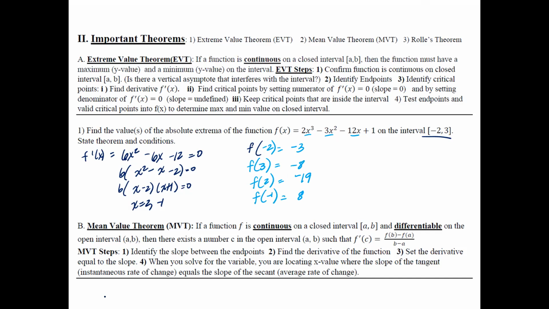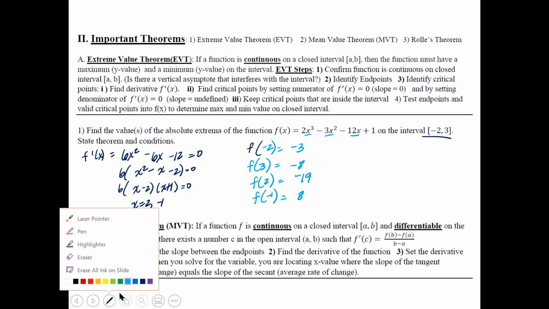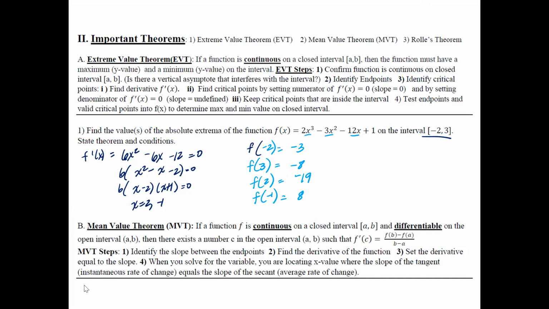So then looking at this, which one is going to be the highest and which one's going to be the lowest point? So you can say your absolute maximum is going to be at x equals -1, and your absolute minimum is x equals 2. And y equals 8, y equals, for this one, -19.